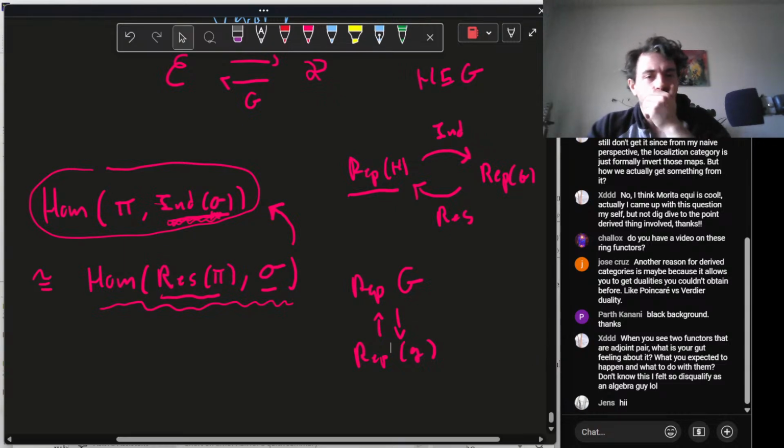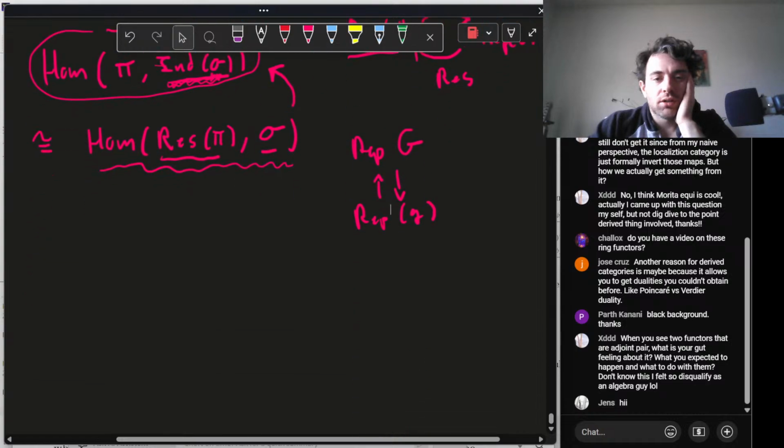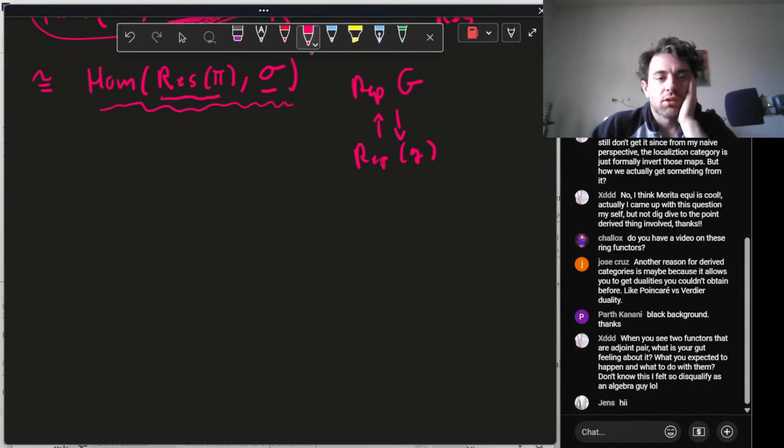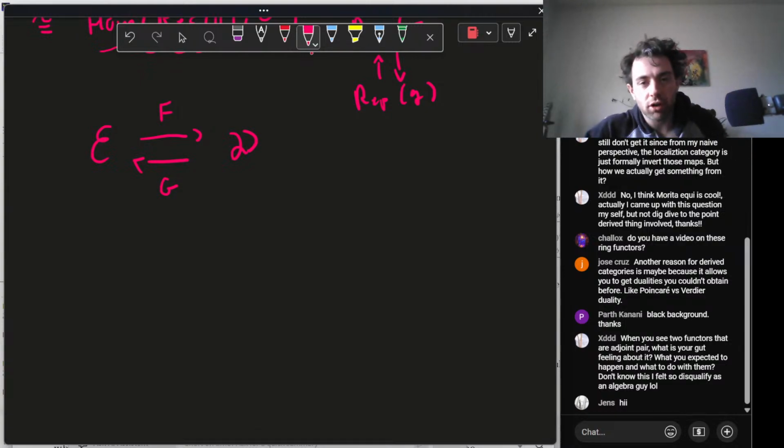And maybe one last thing I'll say on this topic, let me redraw the functors here. Again, I forget which way the left and right goes, but there are equivalent ways to describe an adjunction, and one is to talk about it in terms of a unit and a co-unit.